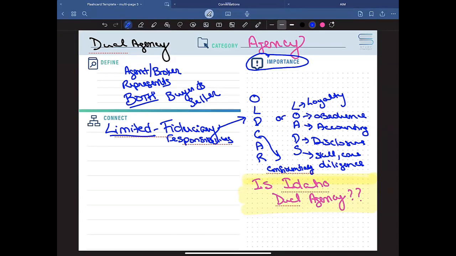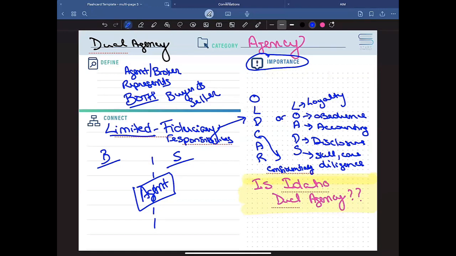Why? Because you're absolutely right. If you've got the buyer on one side and the seller on the other side, there's going to be some information you can't tell. If you're the agent, you're in the middle. Now you can't tell the buyer that the seller would be willing to take $30,000 less than asking, because even though you're helping the buyer, you would be hurting the seller.